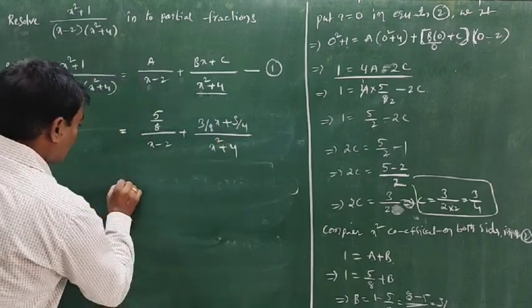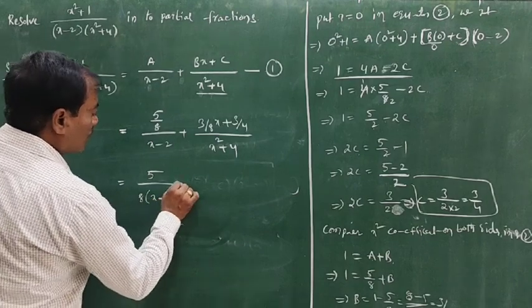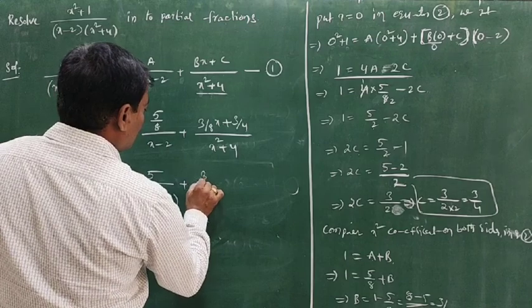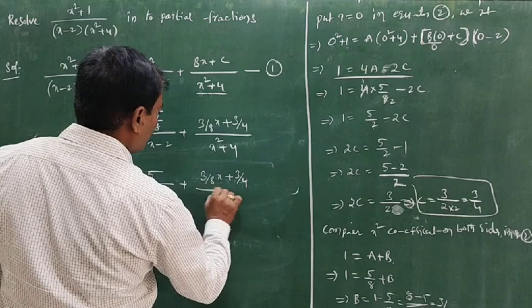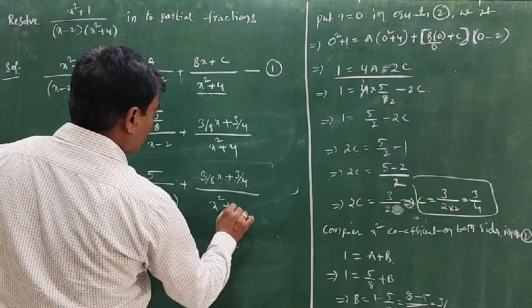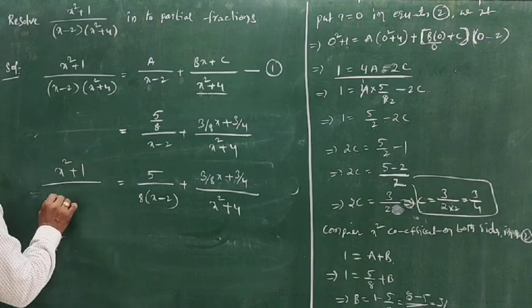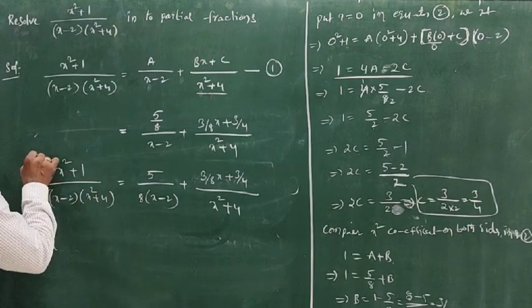Finally this is equal to 5 by 8 of x minus 2, plus 3 by 8 x plus 3 by 4 by x square plus 4. And this is the process of finding partial fractions of the given rational fraction.